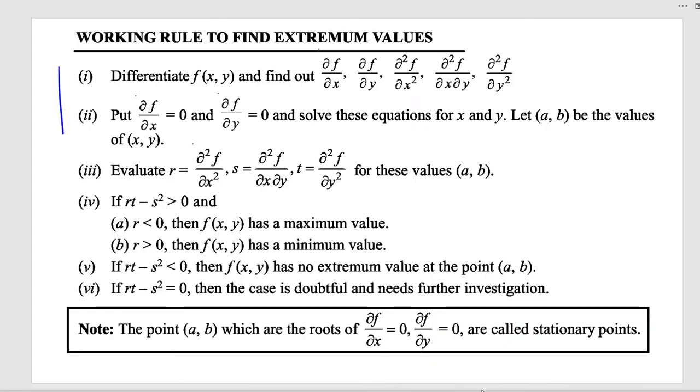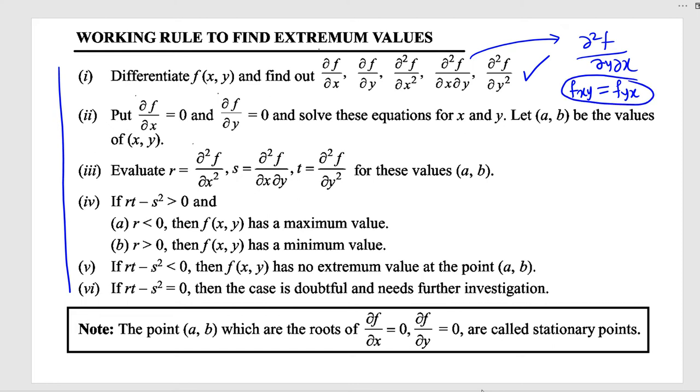Now, what is the working rule for finding the extremum values? First we need to calculate these five values. In fact, another condition can be del 2f del y del x. We will be solving continuous and differentiable functions, so in that case these two will be equal most of the time.